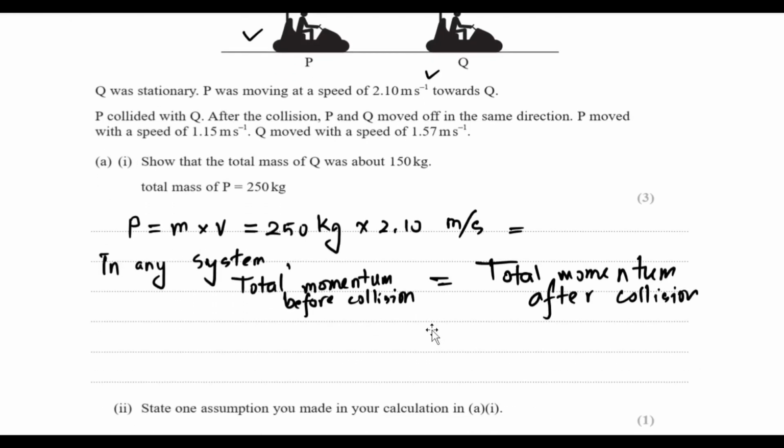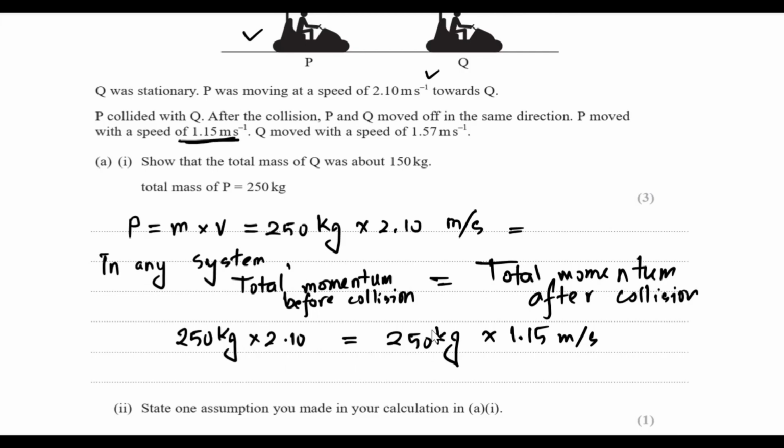So total momentum before collision was 250 kg into 2.10, equal to total momentum after collision: 250 kg into 1.15 meter per second is the momentum after collision, plus the mass of the Q bumper car.